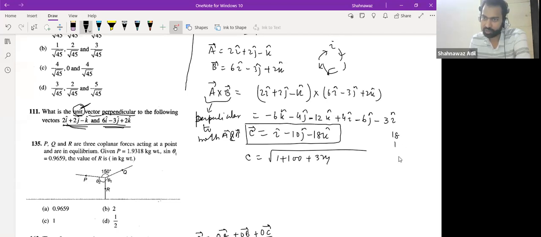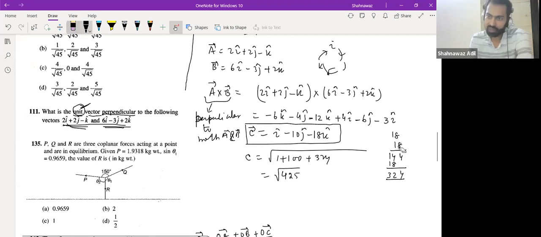So 324 plus 100 plus 1 is 425, so the root of 425. And this is not a perfect square, right? I guess it is not.